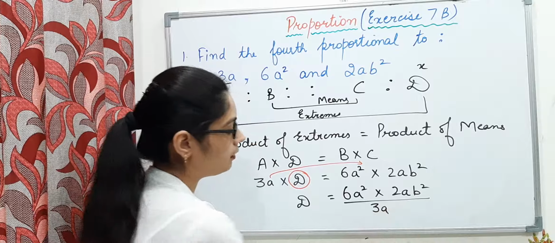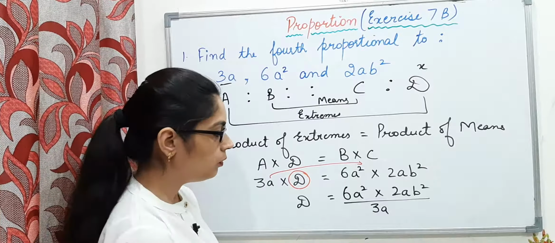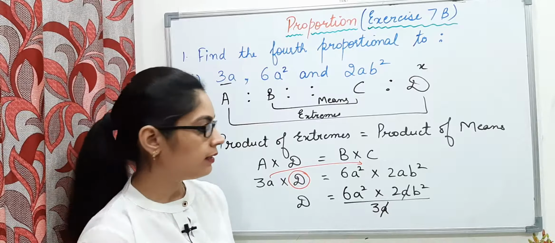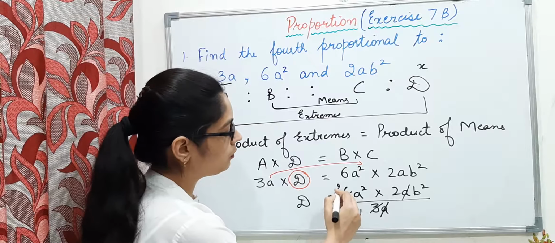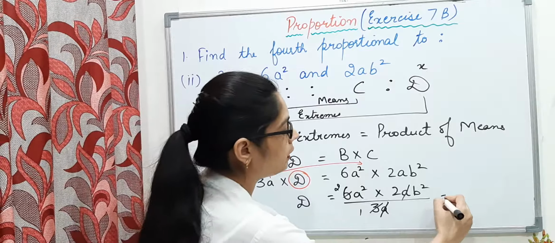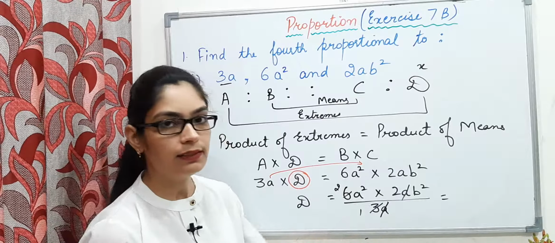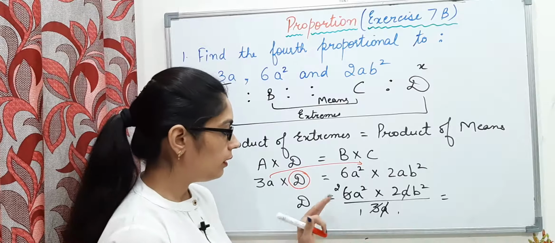So I will write it divided by 3A. Now if any cancellation is possible, we can do it. In 3A, this A and this A will get cancelled. This number, 3 into 1, 3 into 2 is 6. Now we can multiply all the things. In the denominator only 1 is there because all the numbers got cancelled, so only 1 is there, I will not write anything.